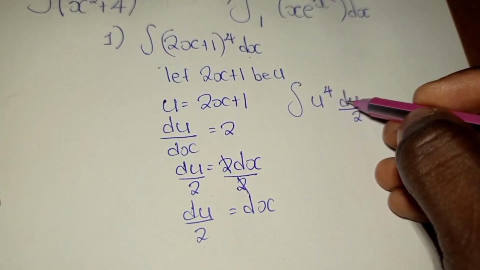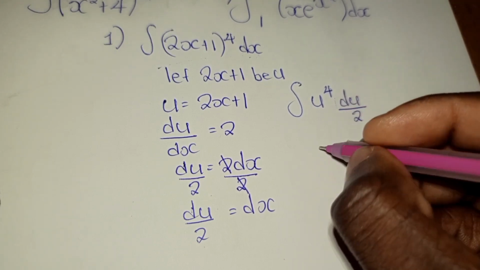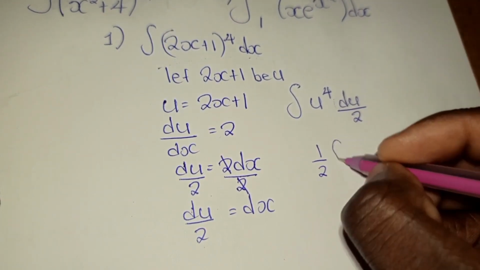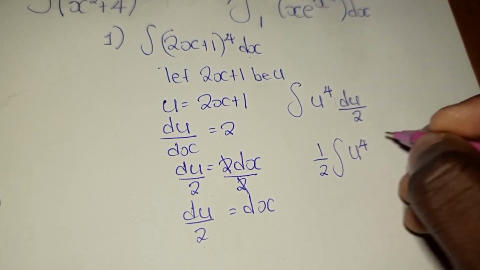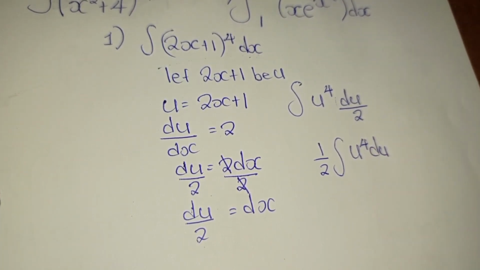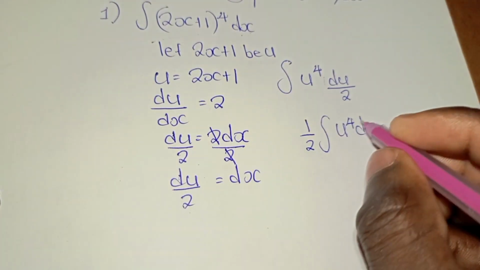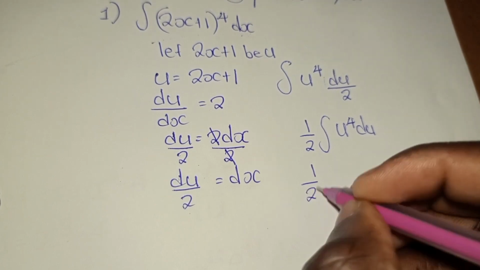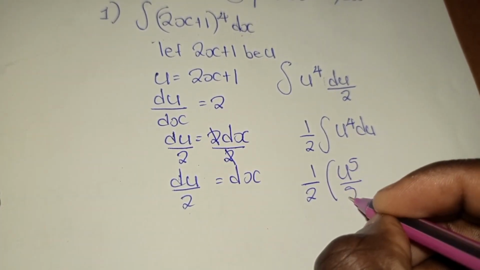Remember that in front of du there is a coefficient of 1 over 2. So we can say let 1 over 2 be outside the integral, then you remain with u to the power 4 du. Then we know the integral of u to the power 4 is u to the power 5 over 5.